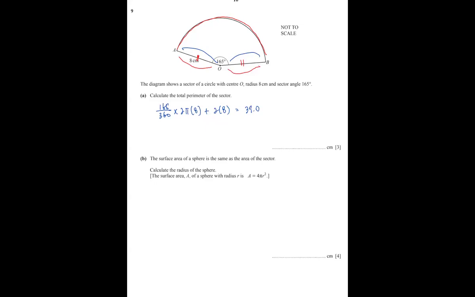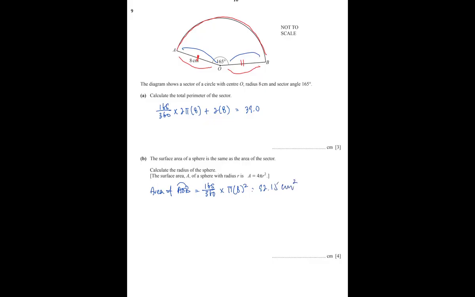Okay, the surface area of the sphere is the same as the area of the sector. First we find the area of the sector. So area of sector AOB is 165 over 360 times pi r squared, pi 8 squared. That will give us 92.15, put it to one more SF.